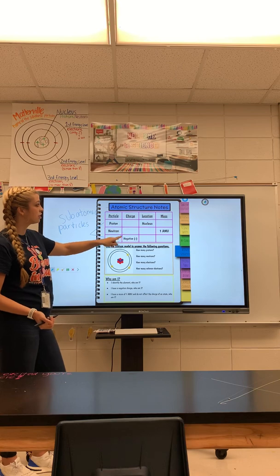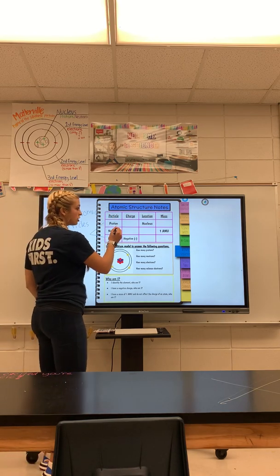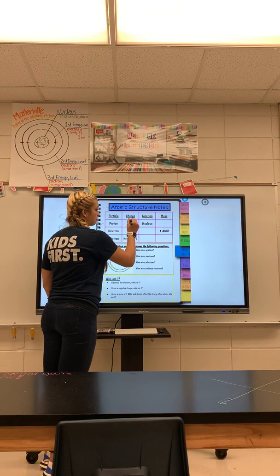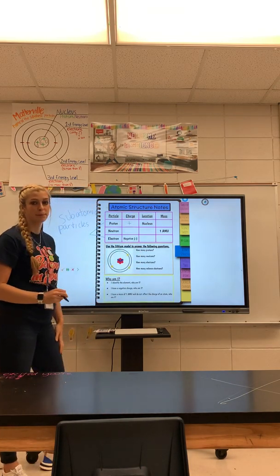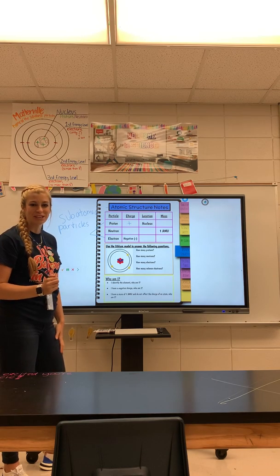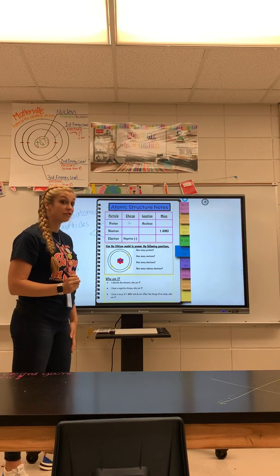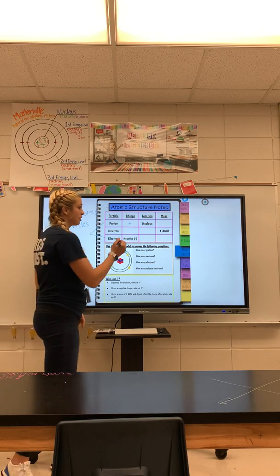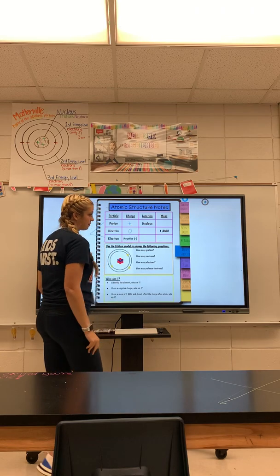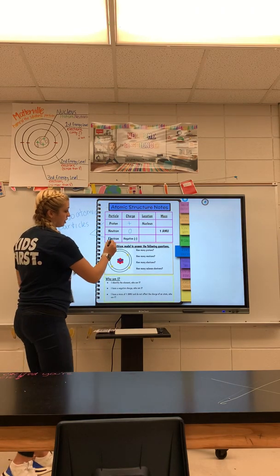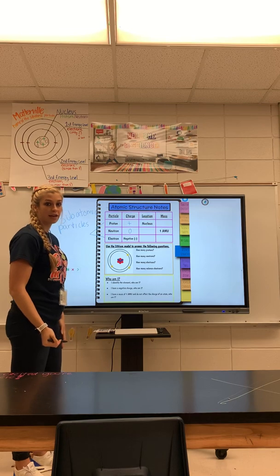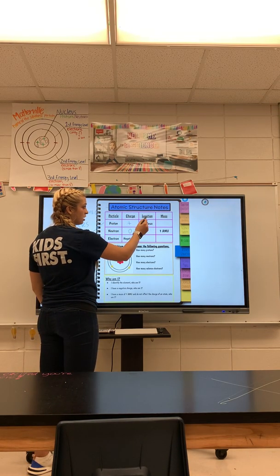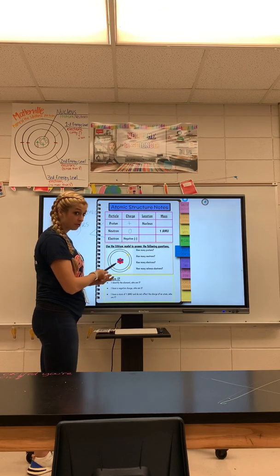So let's start by filling in the charge. The charge of protons is positive. I'm just going to put a plus sign because I don't have that much space, and it's hard to write on this. All right, the charge of neutrons is neutral, or no charge, represented by a 0. And electrons is already filled in for you. They're negative. So if we go from protons to the location, the location of protons is in the nucleus.